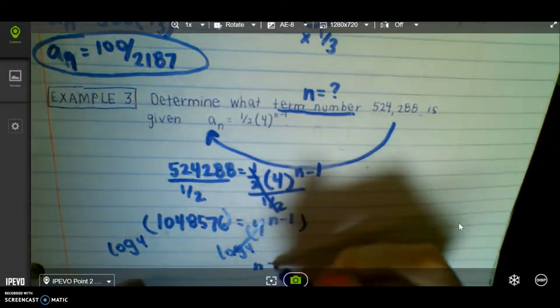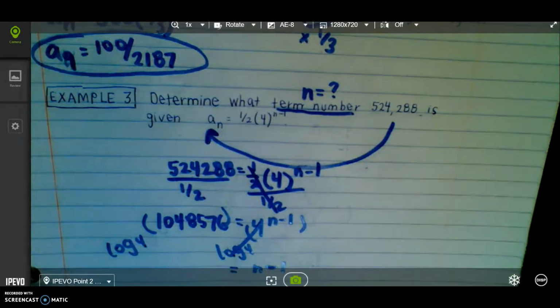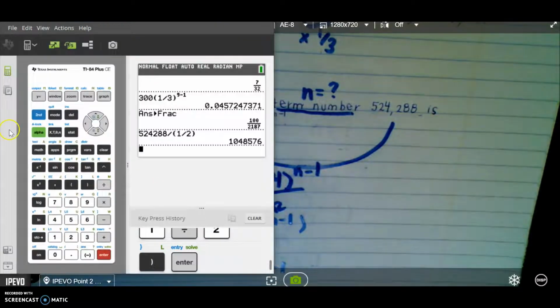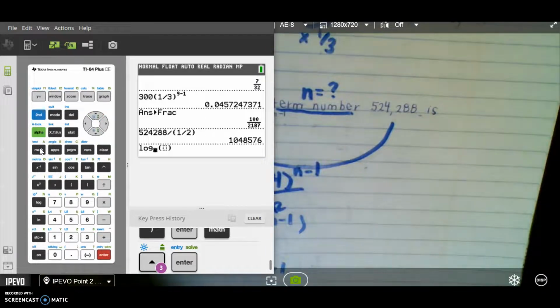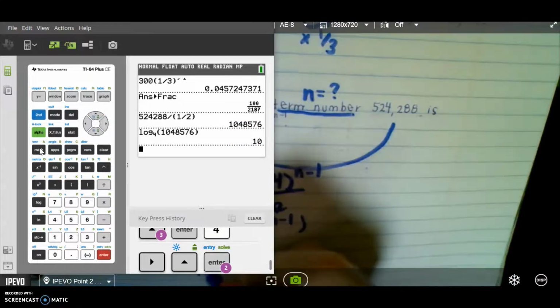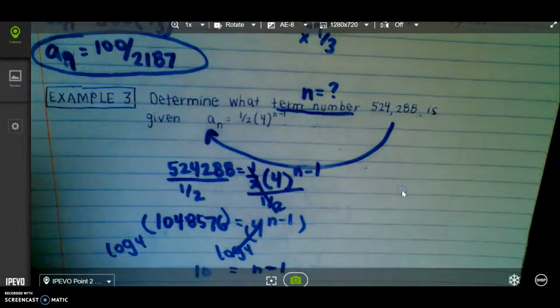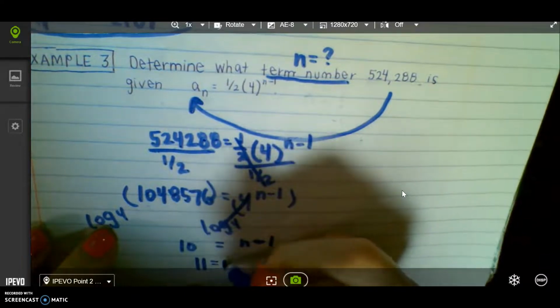We have n minus 1 equals, remember log base 4 is under math, scroll down to log base 4 of, I'm going to grab that number, and we get 10. 10 equals n minus 1, add 1 on both sides, 11 equals n.